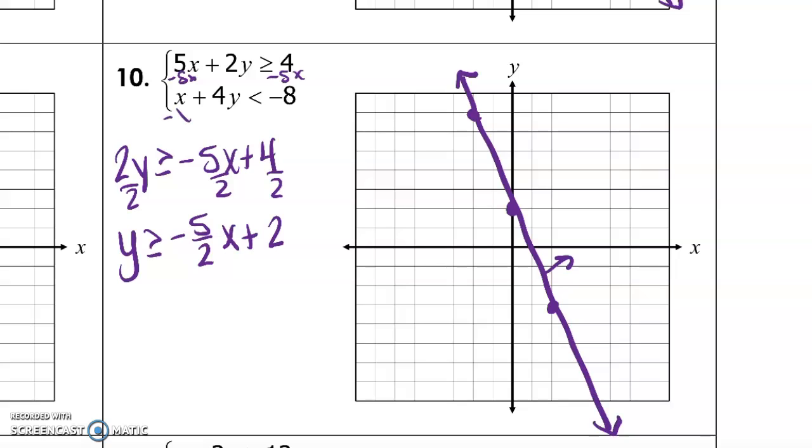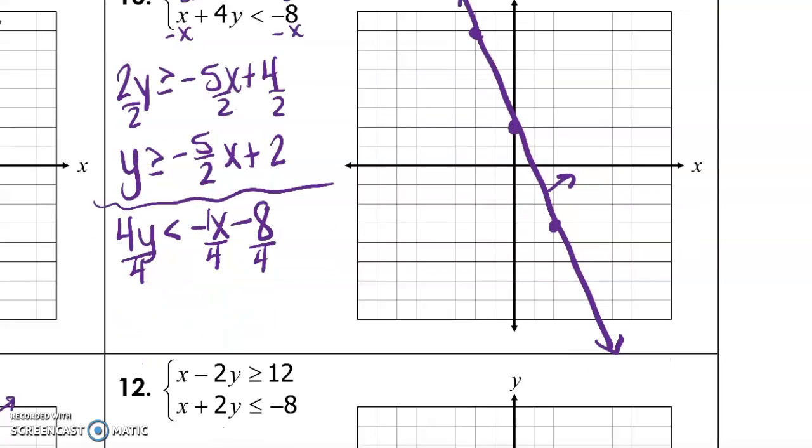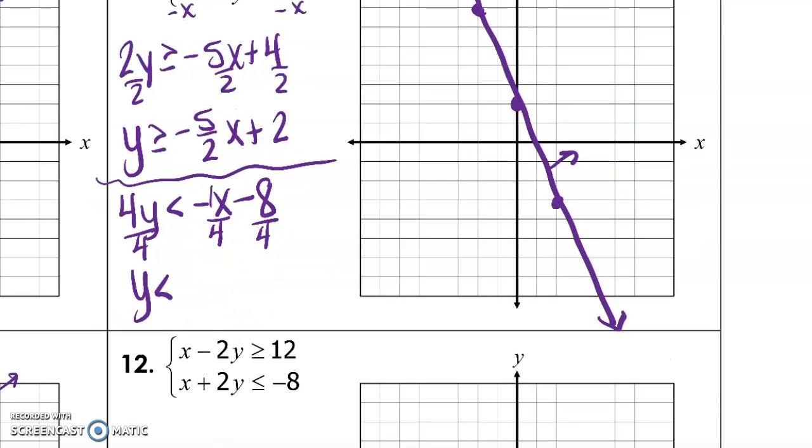The bottom one, first I would subtract x. So that would give me 4y is less than -x minus 8. Divide by 4. Remember there's a 1 in front of there, so y is less than -1/4 x minus 2.